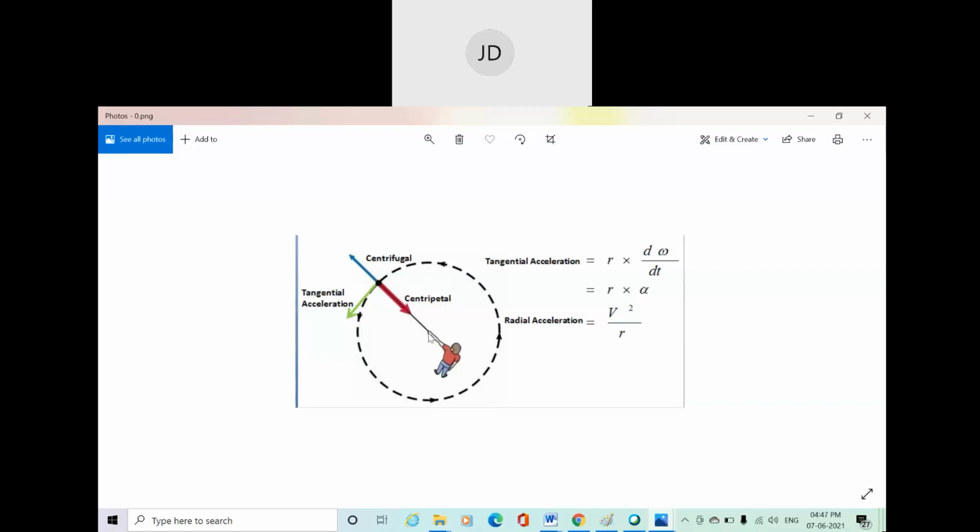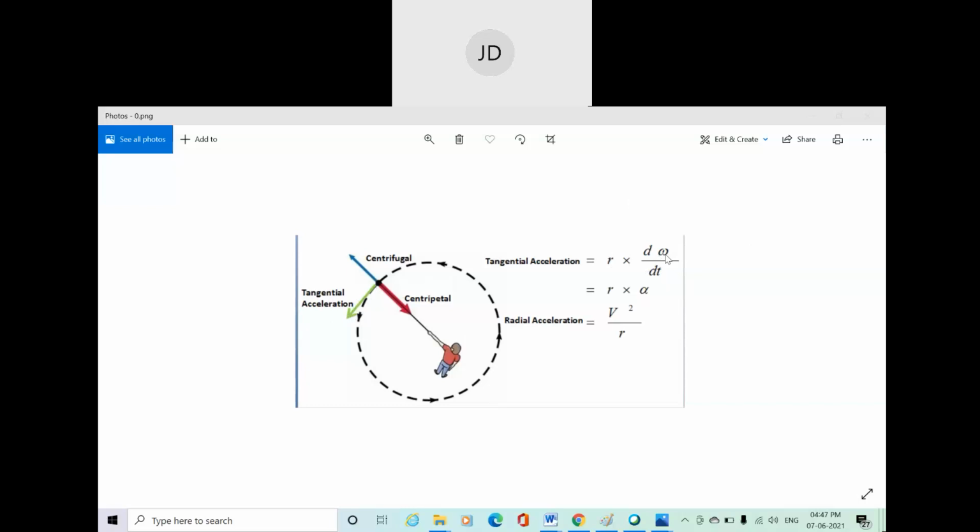When it comes to acceleration, that means change in velocity with respect to time, the acceleration which is tangential to the circle is known as tangential acceleration, and it is given by the radius of the circle multiplied by dω/dt. ω is omega, that is your angular velocity.